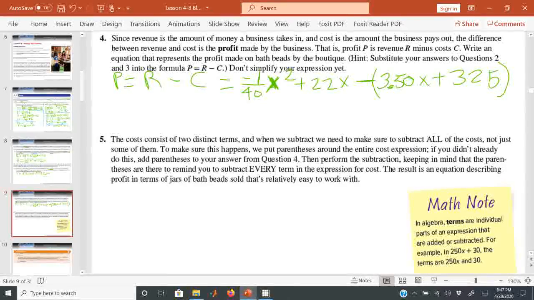We have to do that before we subtract. So we have to put that in parentheses. It is important to put those parentheses. Otherwise, you would subtract the 3.5x and then add the 325, which is different than calculating your cost and subtracting your cost. Okay. And we're told not to simplify, so I'm not going to worry about those parentheses now. Okay. Go on to question 5 and restart the video once you're done with question 5.